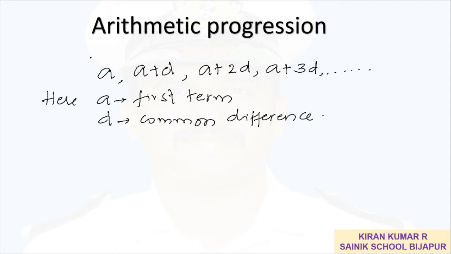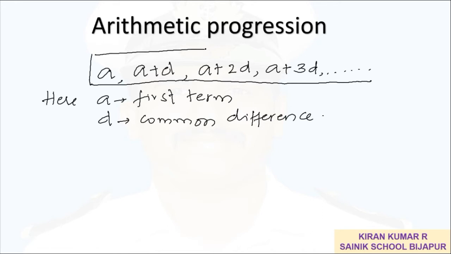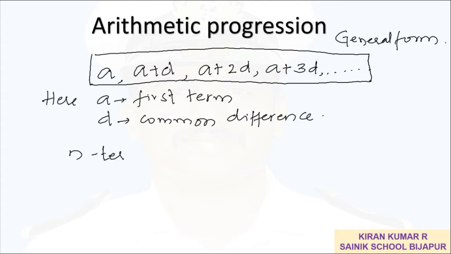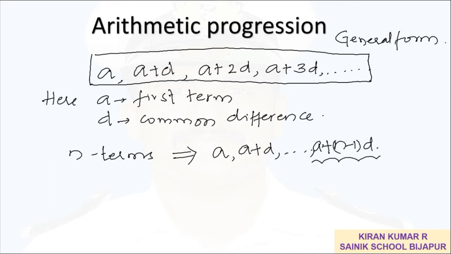And this sequence a, a plus d, a plus 2d, and so on is called the general form. Here, the sequence is continued. It is an infinite sequence. Suppose if n terms are there, then the sequence would become a, a plus d, and so on till a plus n minus 1 times d. This is called the nth term.